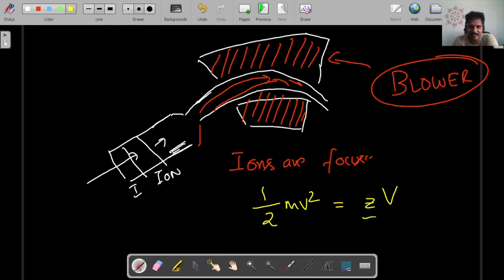Z essentially is the charge of the ion. V is the voltage that we are applying, the voltage that we require to push. m is the mass of that particular ion, and small v is the velocity.